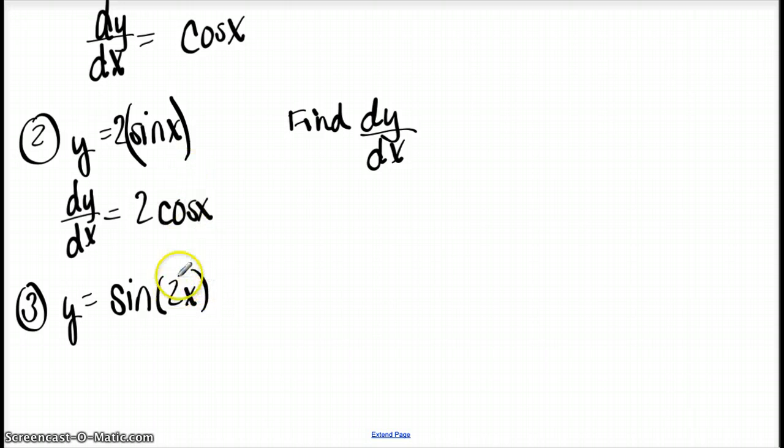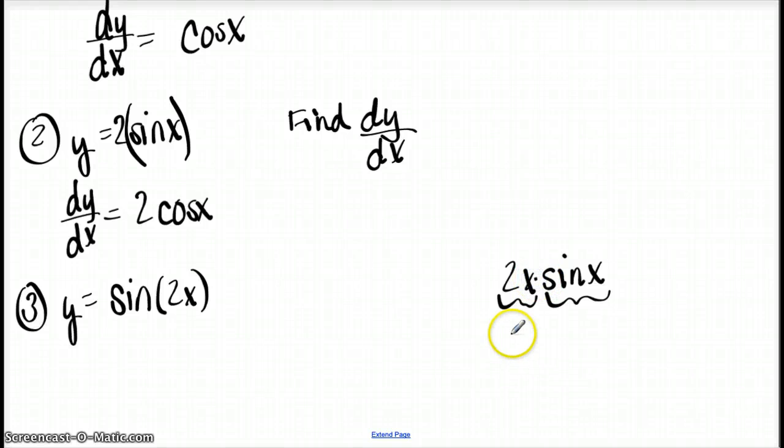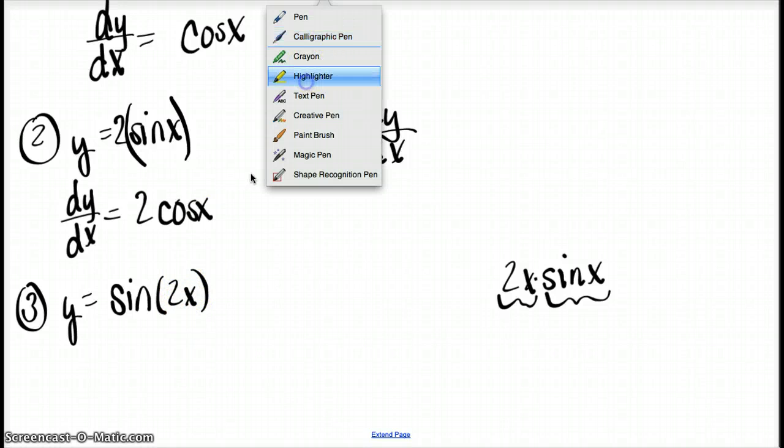So the thing with this one is that the 2 is with the x. Okay, it's embedded in here. You don't have 2 functions. It's not like this. This is 2 functions. That would be a product rule. But if I have the 2 with the x, when I derive this, it's like this piece is not here.